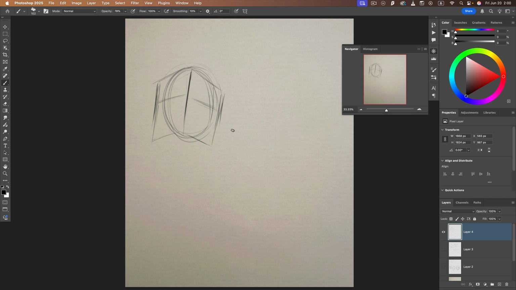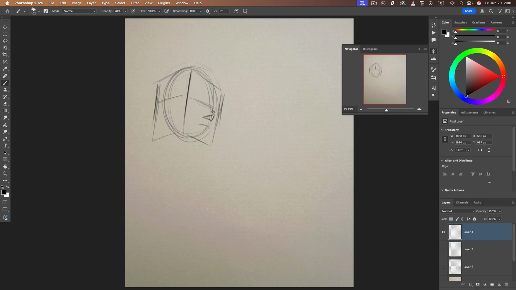So this is where the eyes are going to be roughly. Same rules apply. The eyes are halfway through the head. The nose is going to be halfway between the eyes and the bottom of the chin, roughly. So I'm going to assume that the nose is going to be about here. Okay, and then from the bottom of the nose to the bottom of the chin, another half is going to be here.